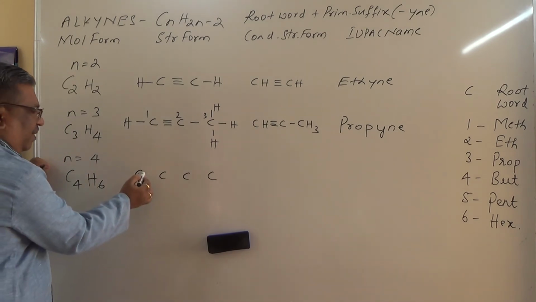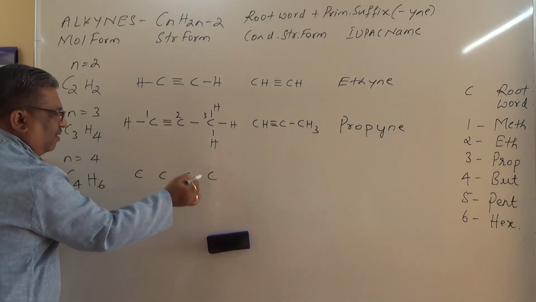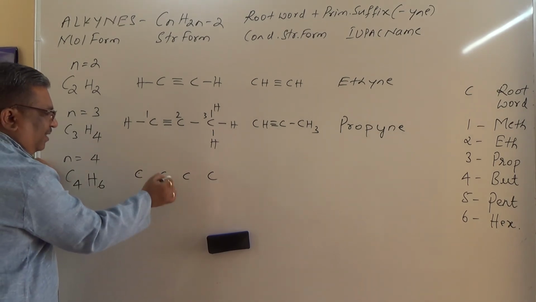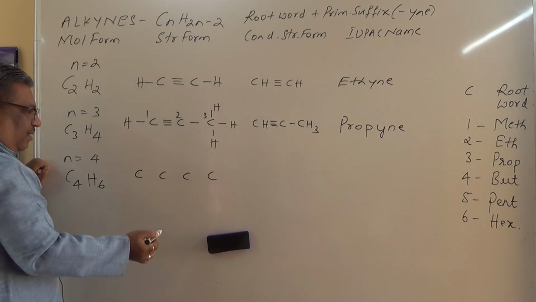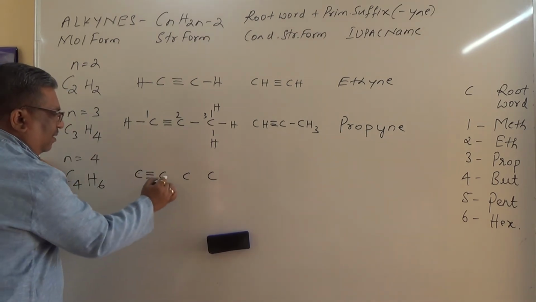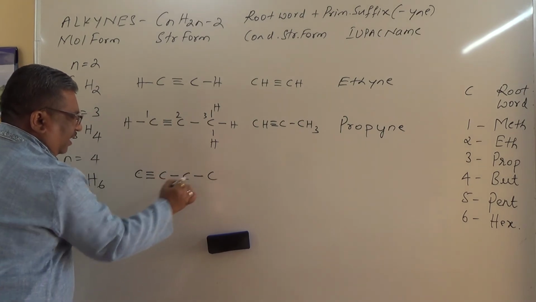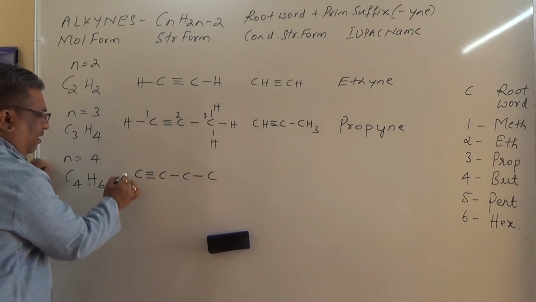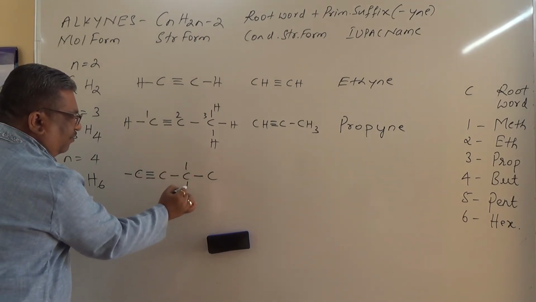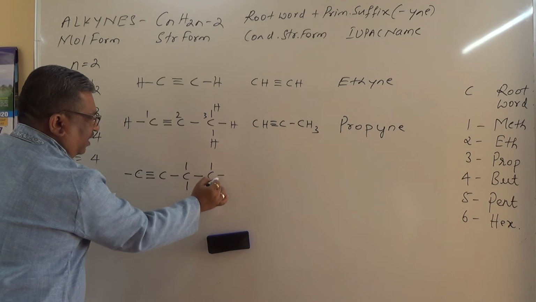I can introduce the triple bond here or here, which will not make much difference, but if I introduce it in the middle, there is a difference. So let me introduce it here first. Triple bond, single bond, single bond. 1, 2, 3, 4.